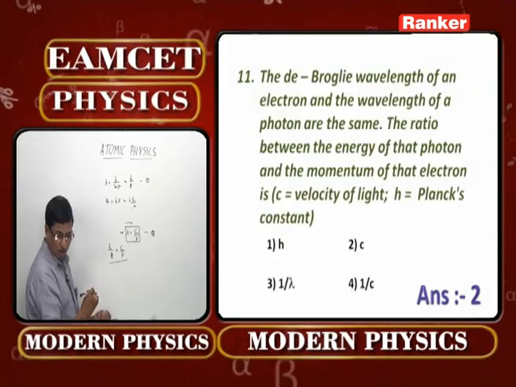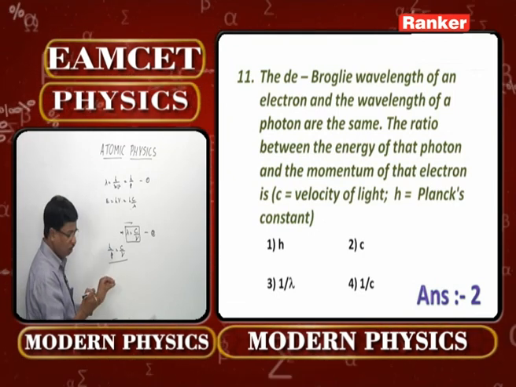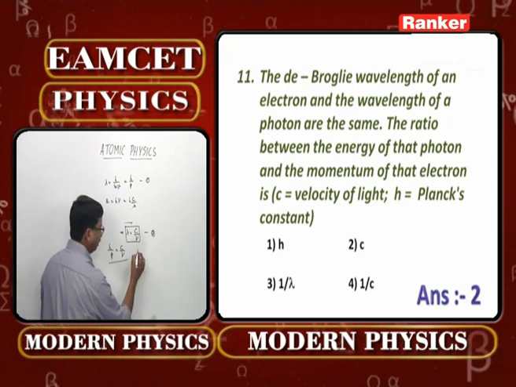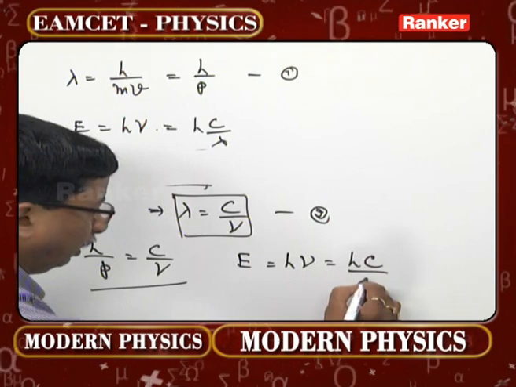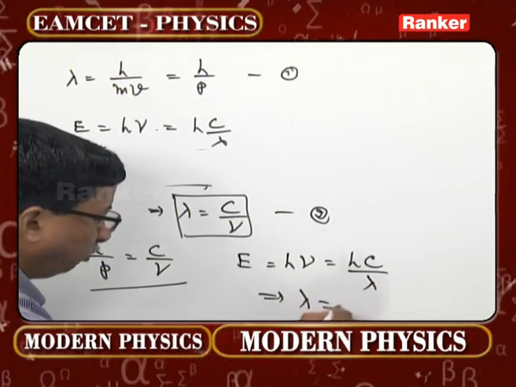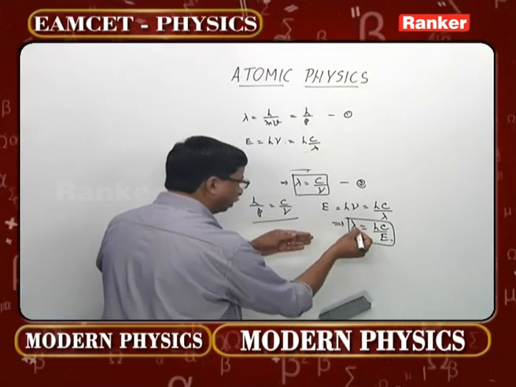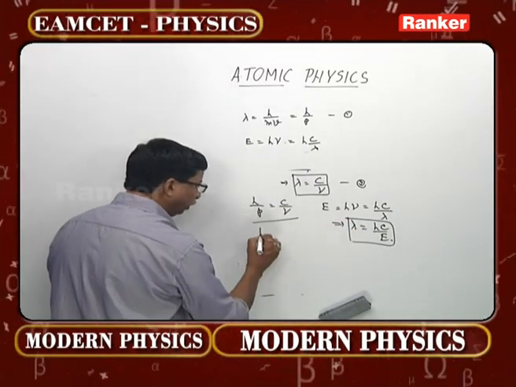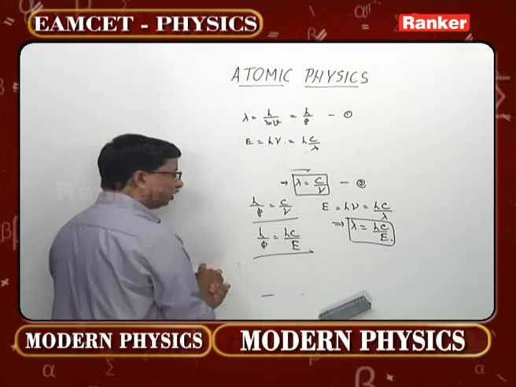The ratio between the energy of that photon and the momentum of that electron. What is the energy of the photon? h nu, which can be written as hc by lambda. So lambda can be written as hc by E. So h by p is equal to hc by E. That's what he is saying.